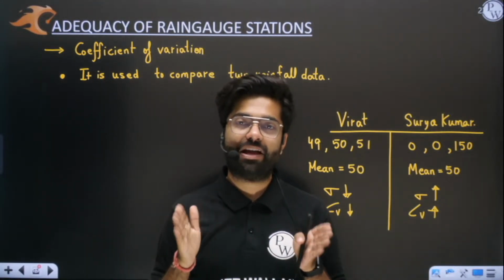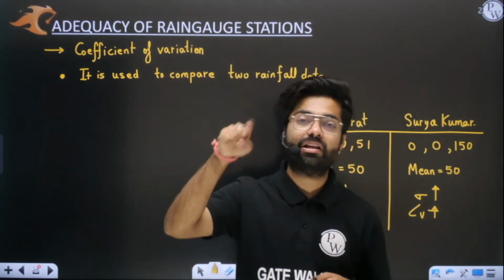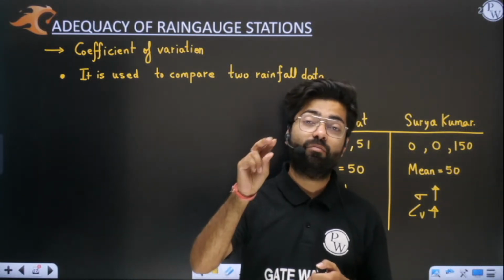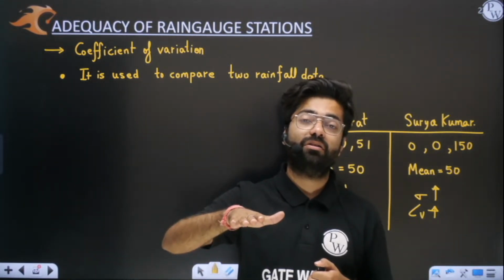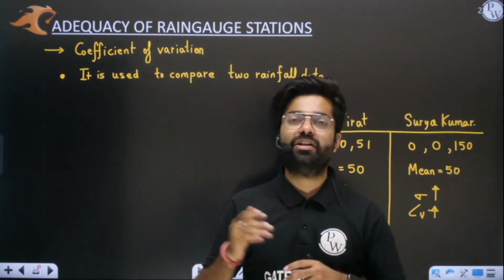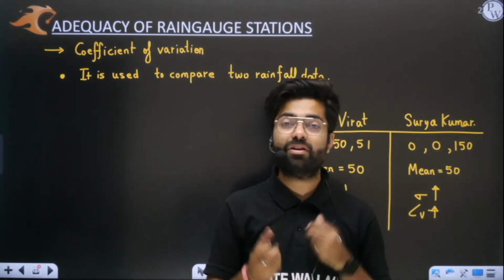You have 365 days in an entire year. Only within 15 days most of the rainfall happens, 50% or more of the rainfall in a certain area, and in the remaining 350 days we have the remaining 50% rainfall. So rainfall is a very variable quantity.